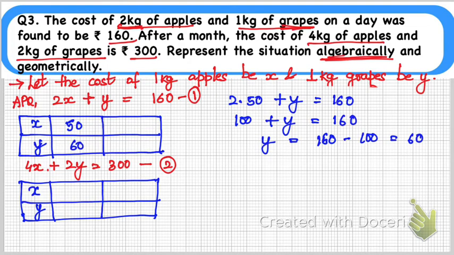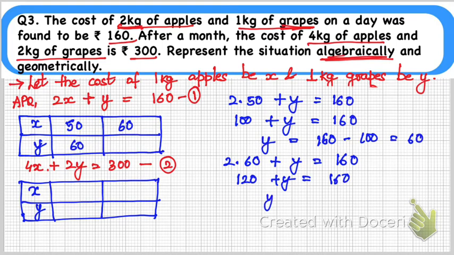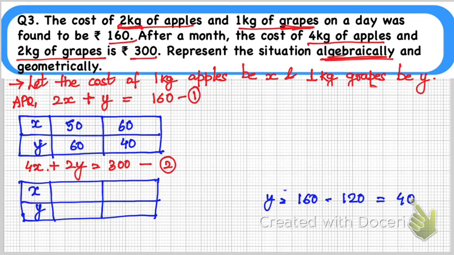And now considering x is equal to 60, what I will get, 2 into 60 plus y is equal to 160. That means 120 plus y is equal to 160. That will be, y is equal to 160 minus 120, that will give me 40. So I have got the points for equation 1.